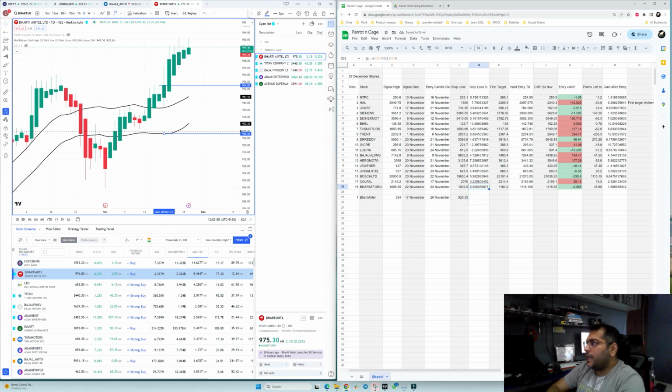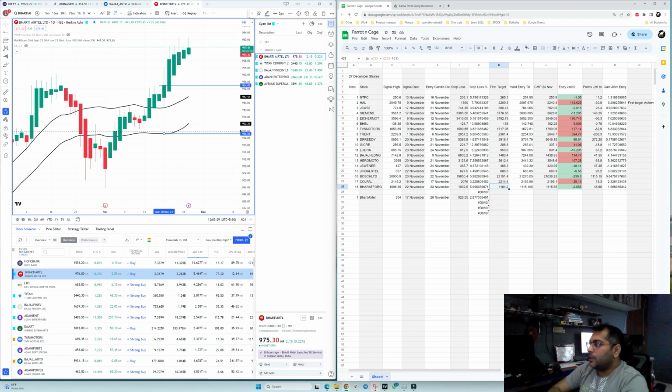Now I have applied this formula where I am simply taking the percentage of the stop loss. Basically this is for my reference, where I can identify the target. The first target would be the stop loss plus the value over the price.